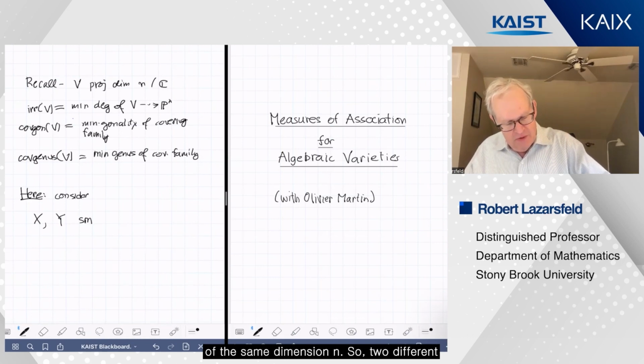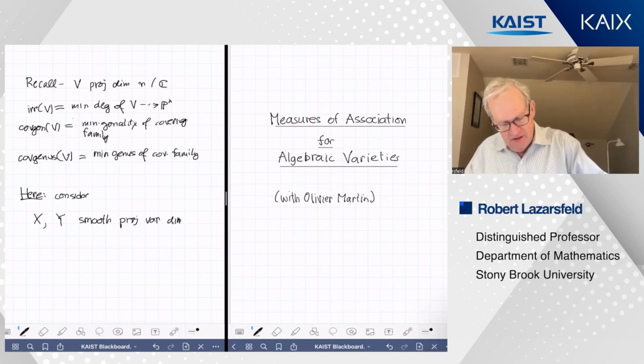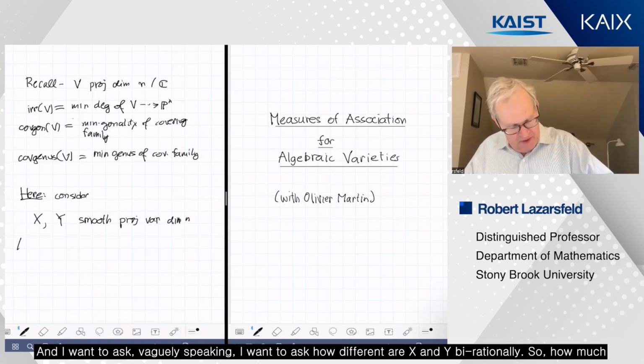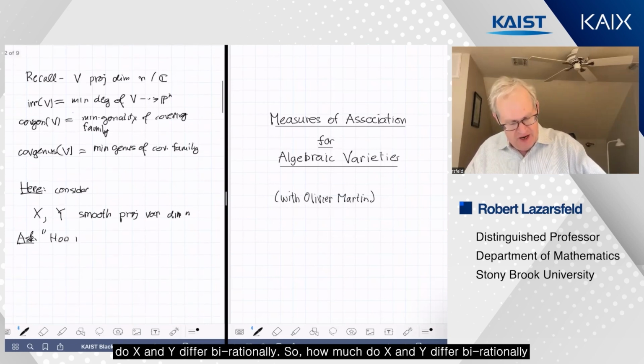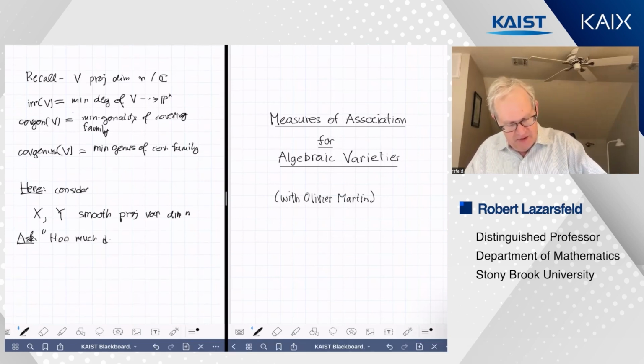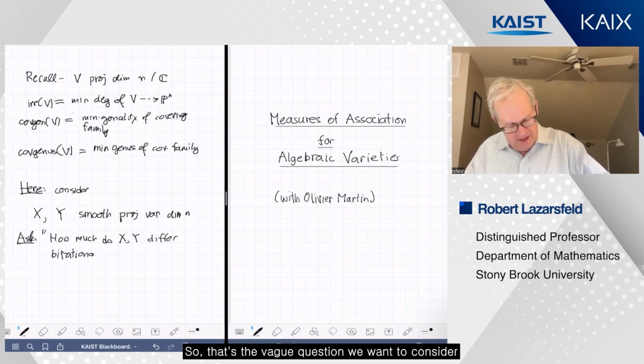So two different smooth projective varieties, X and Y, of the same dimension n over C. And I want to ask, vaguely speaking, how different are X and Y birationally? That's the vague question we want to consider.